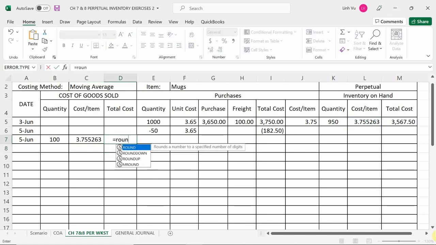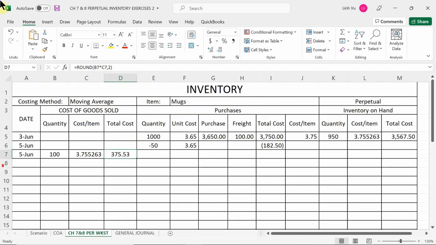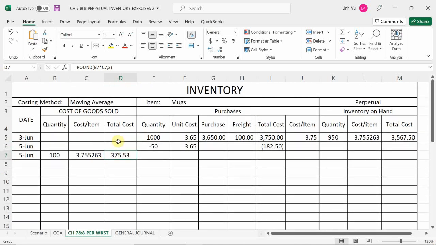So then what is going to be my total cost of goods sold here? 375.53. In this case, we're looking at every single penny.